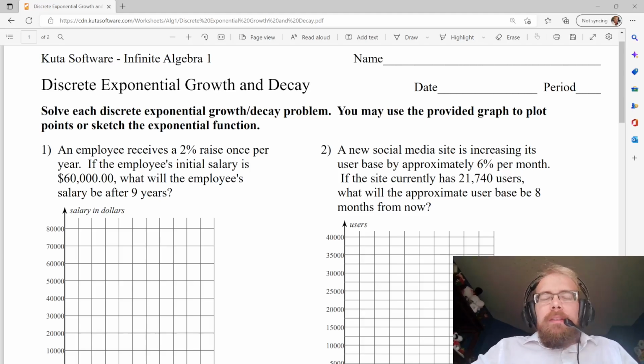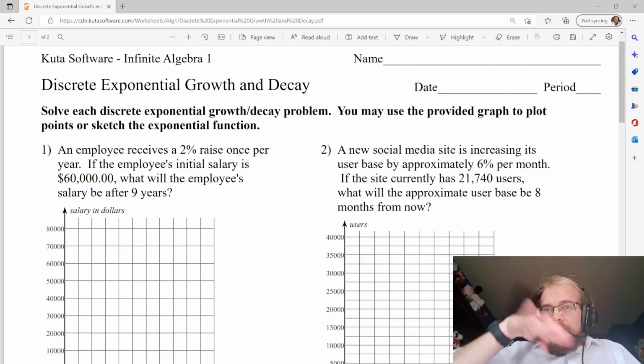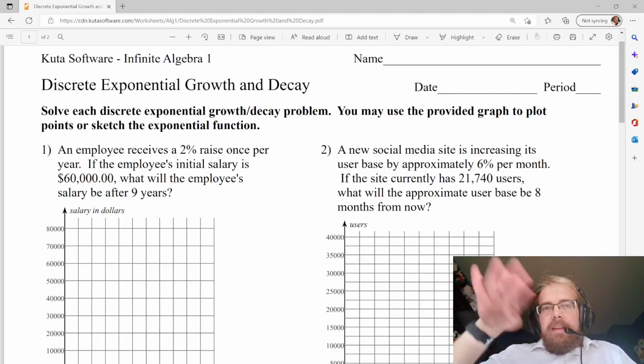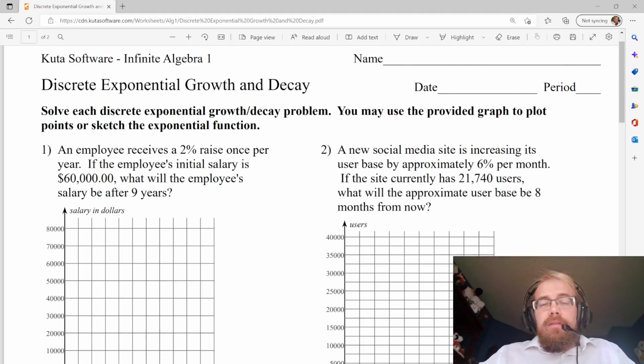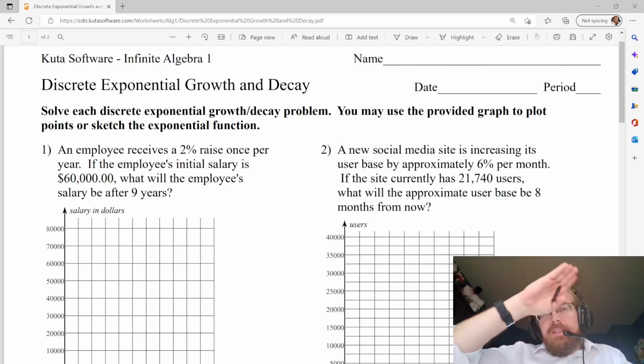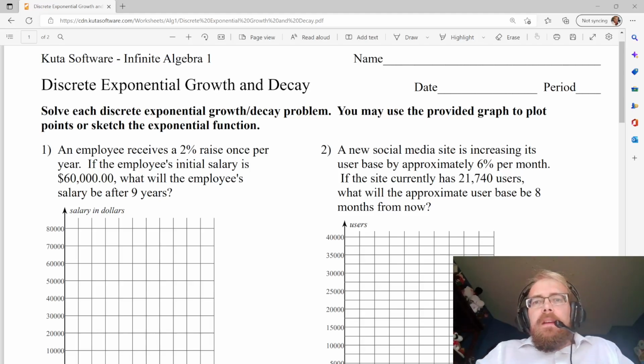It's like multiple things, little points or segments, instead of one continuous thing. And exponential, so it's going to skyrocket, either skyrocket up if it's growth, or level out if it's decaying. And that's what that first sentence is.